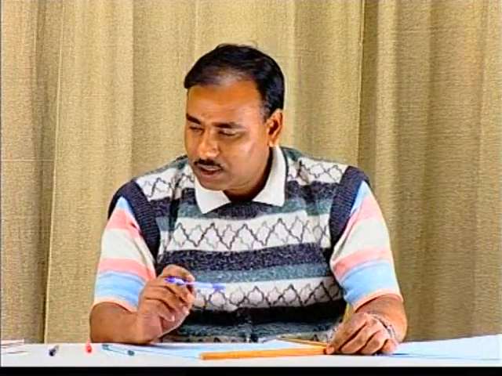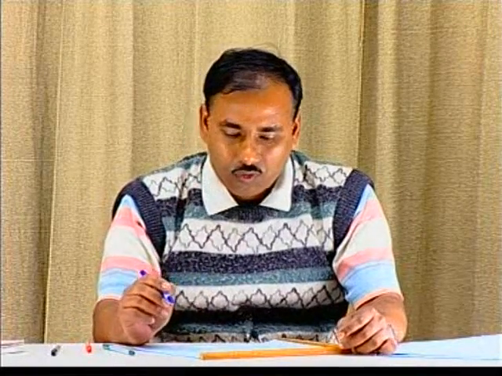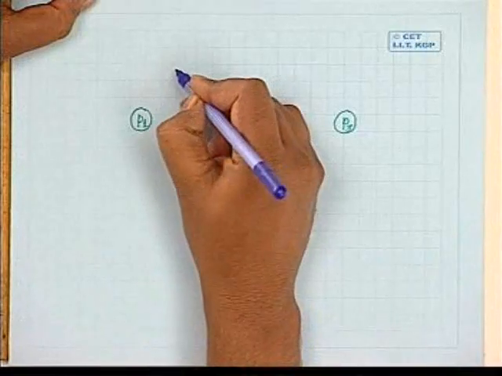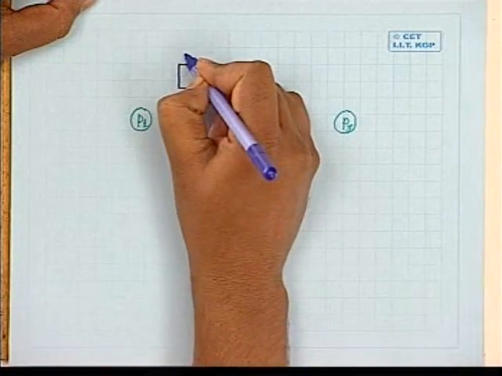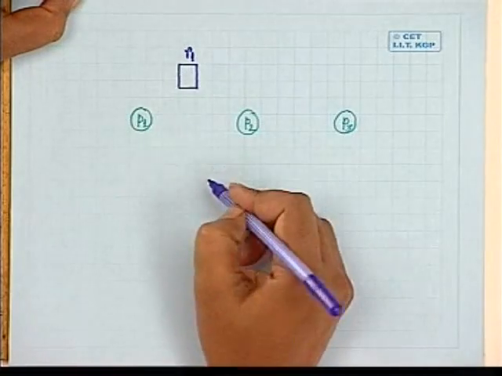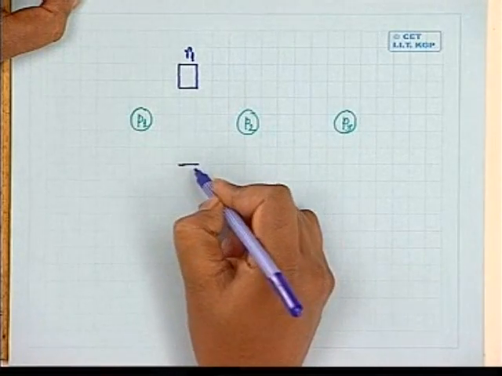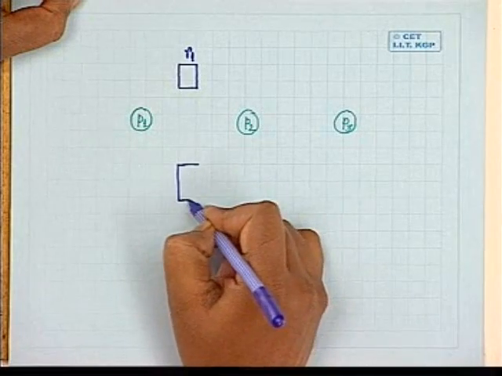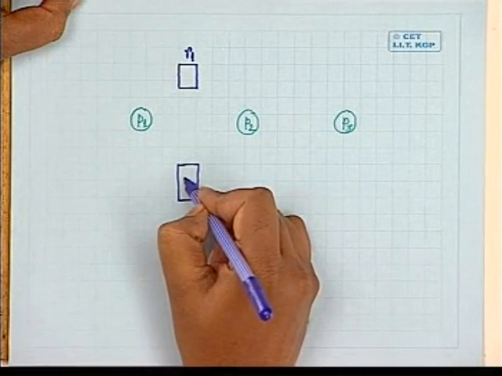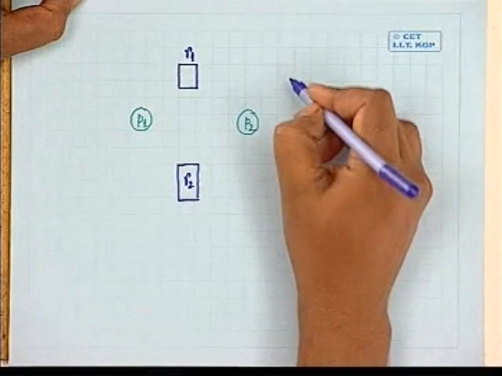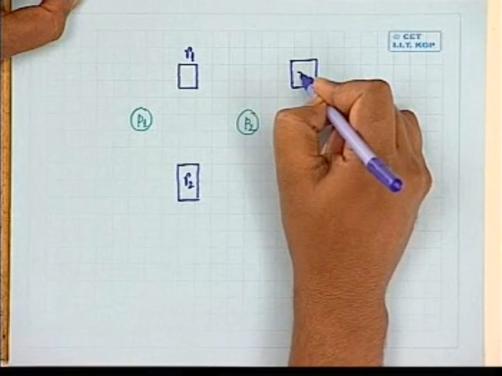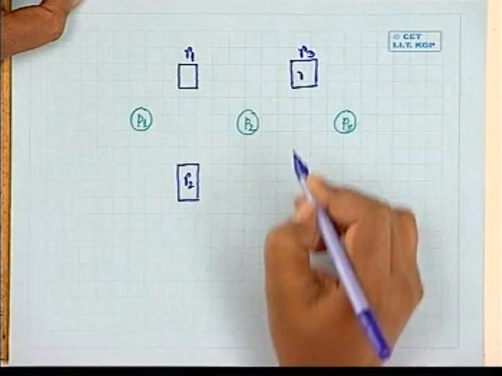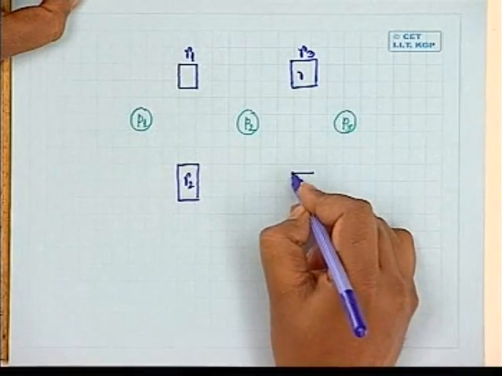And suppose this system has four resource types, and those resource types we will put as resource type R1, resource type, say, R2, resource type R3, and resource type, say, R4.